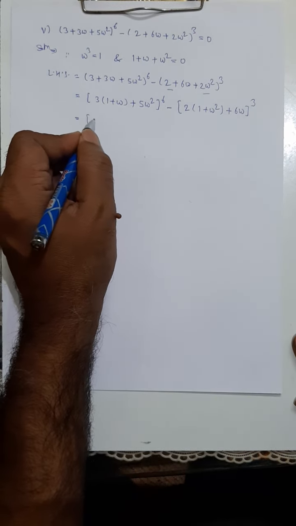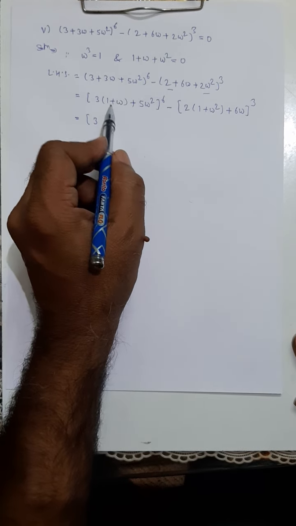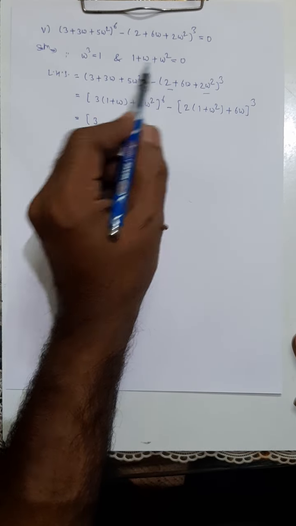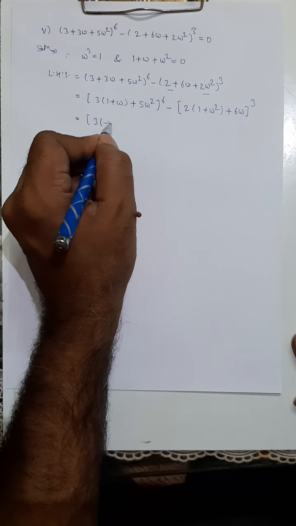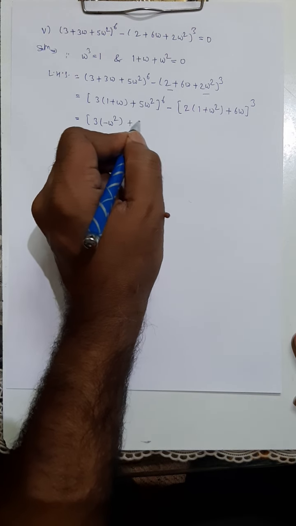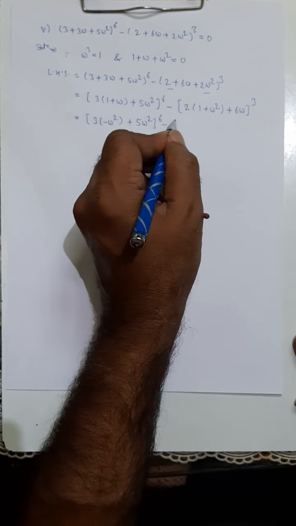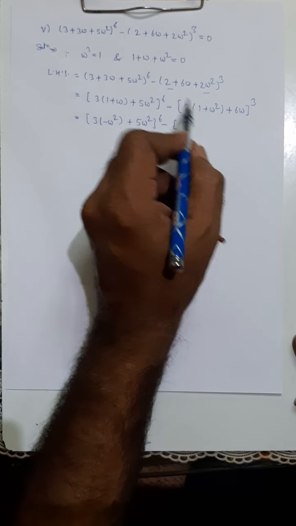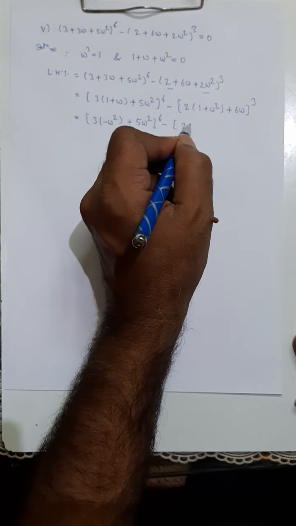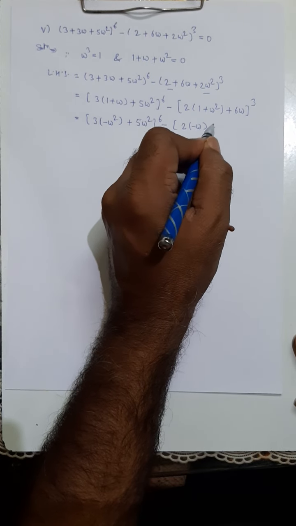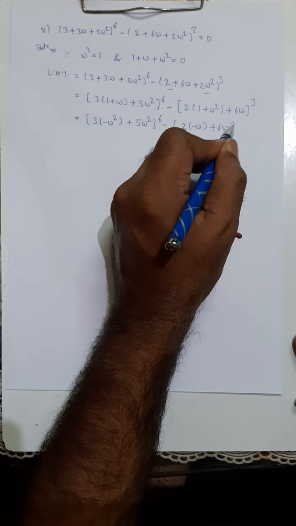So it is equal to 3 into (1 plus omega), its value minus omega square, plus 5 omega square power 6 minus 2 into (1 plus omega square), from this equation value is minus omega, plus 6 omega whole cube.